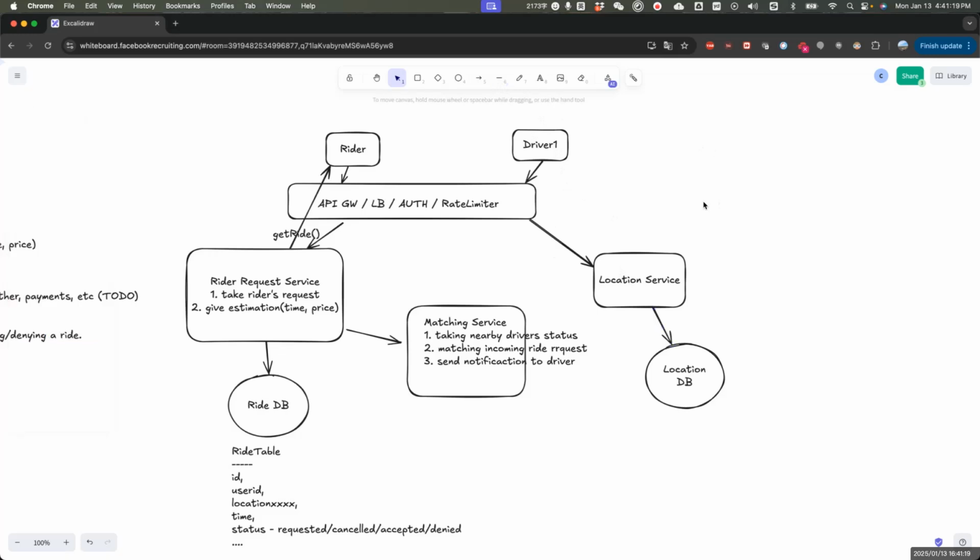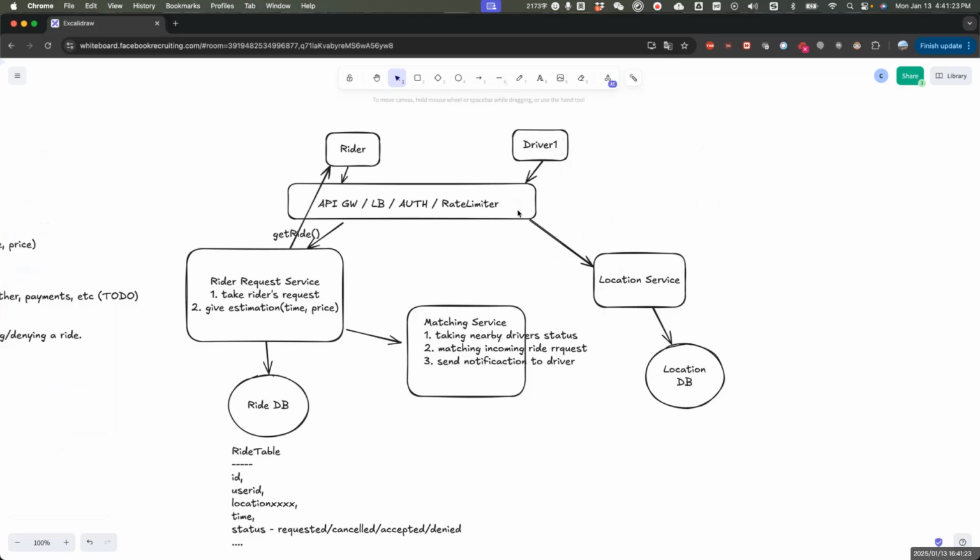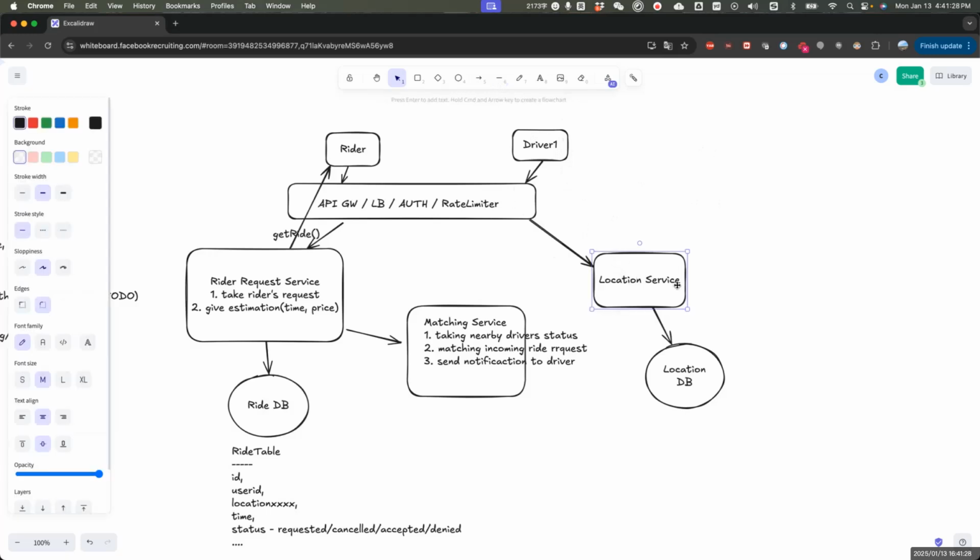So the flow would be like this. The driver goes to the load balancer, which helps the driver match a corresponding location service, and then the driver and location service could establish a WebSocket.